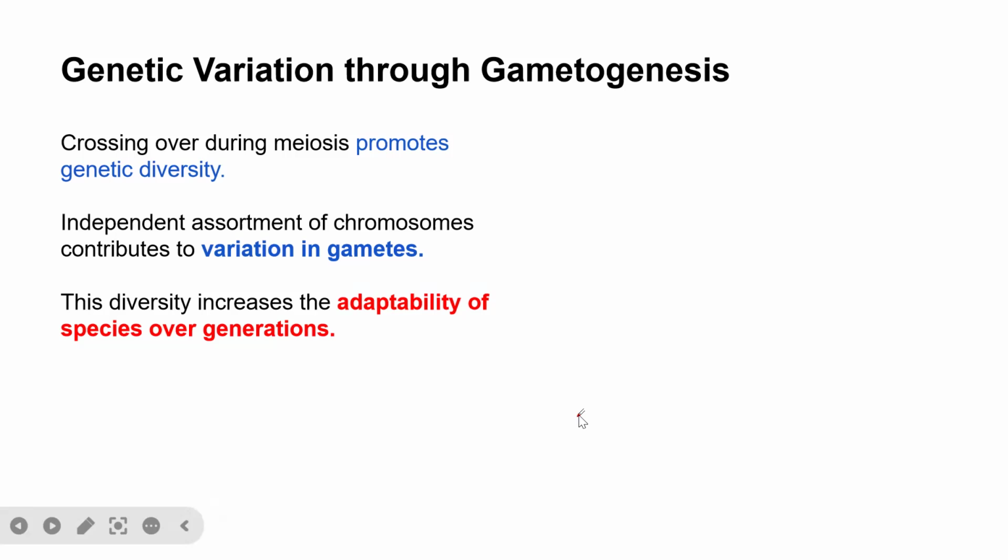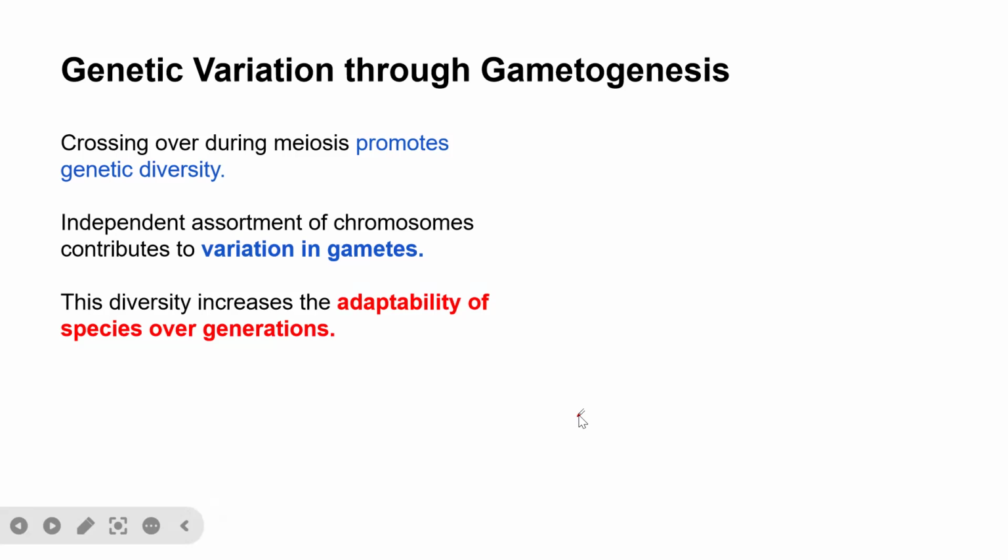This crossing over that takes place between one chromosome and another promotes genetic diversity. And in addition, there is independent assortment of chromosomes, because chromosomes are assorted during gametogenesis or during fertilization. So this assortment of chromosomes also contributes to variation in gametes.